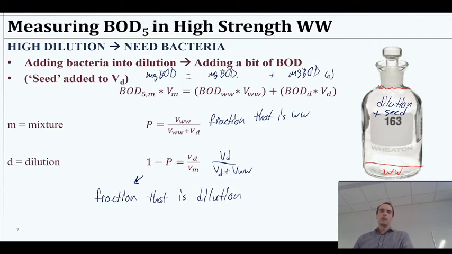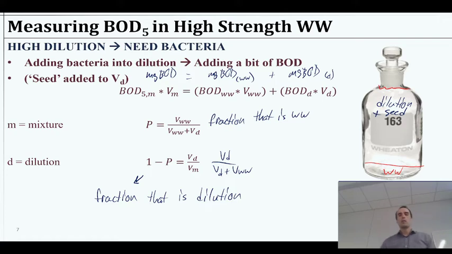So that's just kind of straightforward, makes sense, right? This is just what's in there as a total in the mixture is equal to the contribution of the wastewater plus the contribution of the dilution water. Okay, that's all I'm saying here.